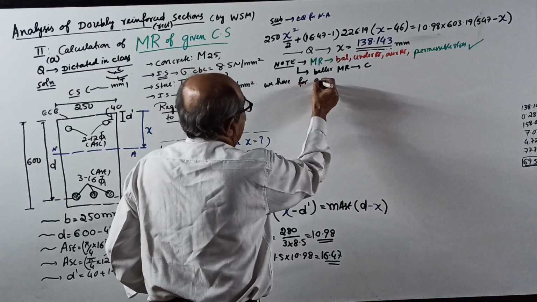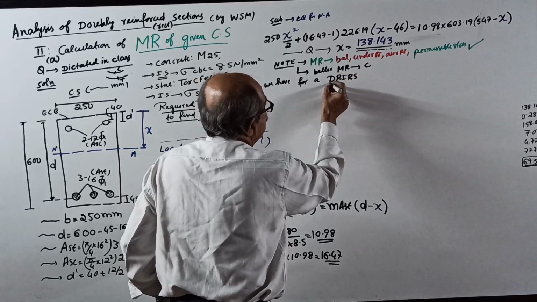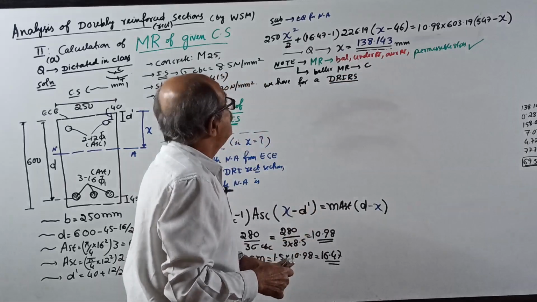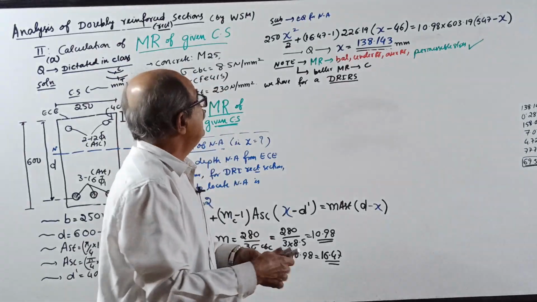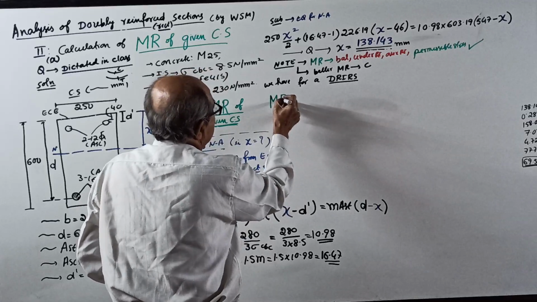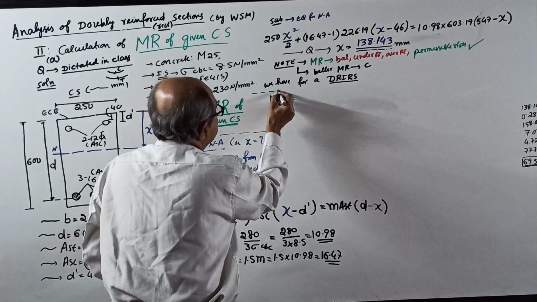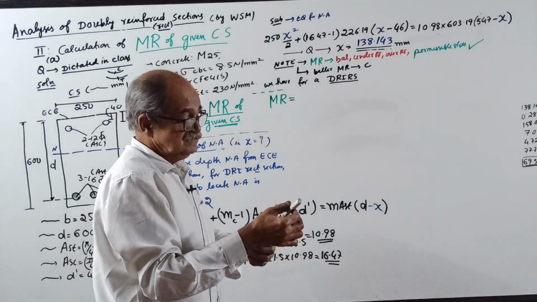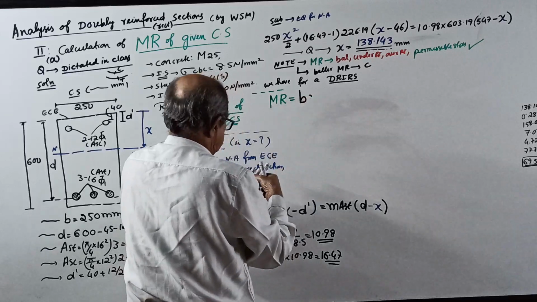For a doubly reinforced rectangular section, moment of resistance MR, right here, first write moment of resistance, that is MR, equal to B into X, in blue color.